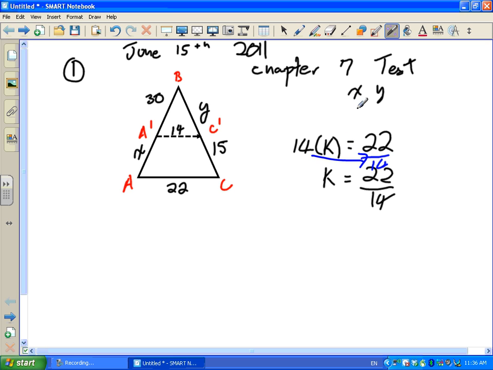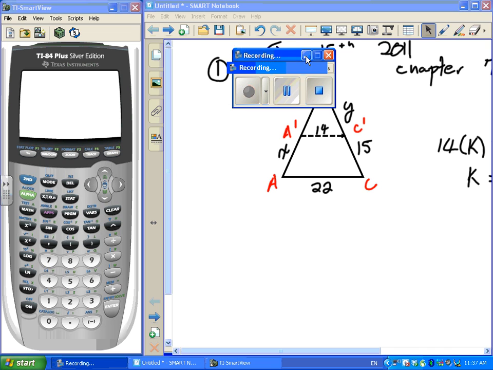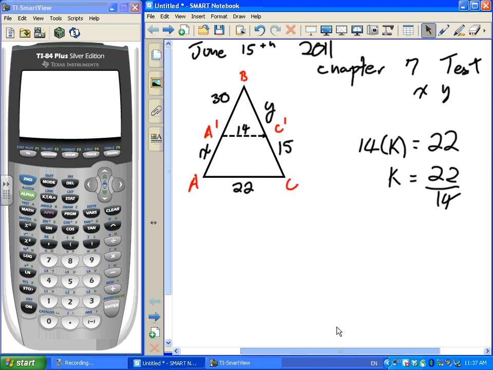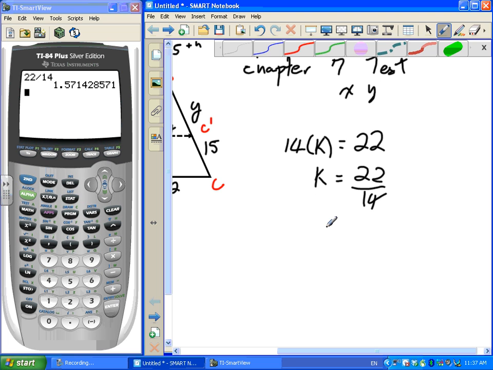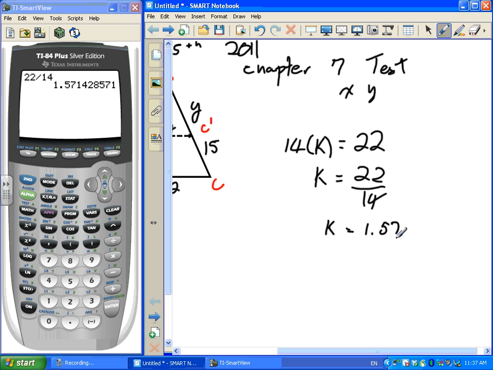And finally, 22 divided by 14, we get 1.57 rounded to. Okay, so our K factor is 1.57.